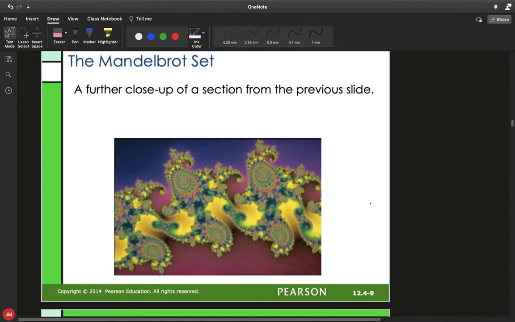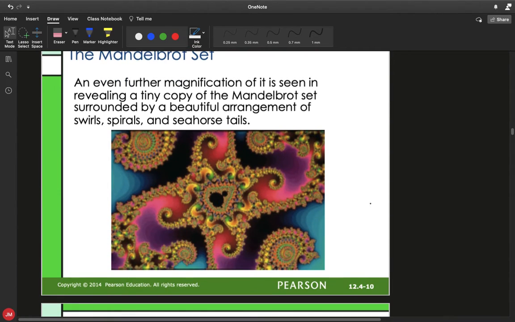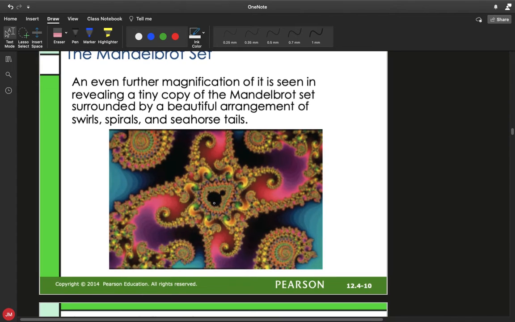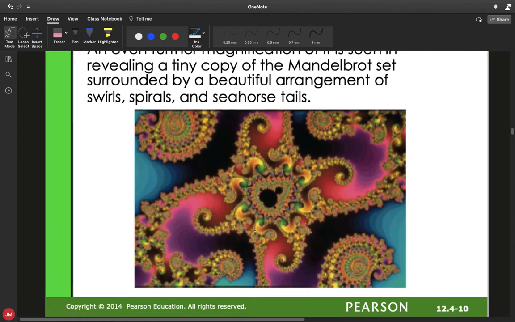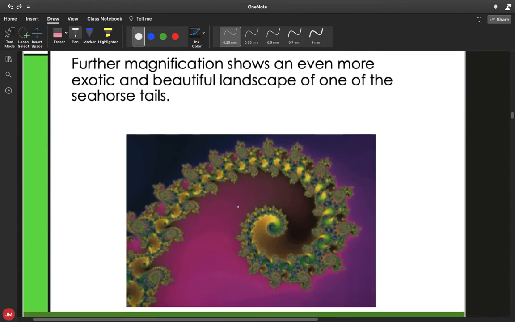So remember, we started with this massive Mandelbrot set that we've continued to zoom in on and zoom in on and zoom in on. And eventually, you'll get to a point where, as you continue to zoom in, you will get closer and closer to that original Mandelbrot set that we saw in the very first image.